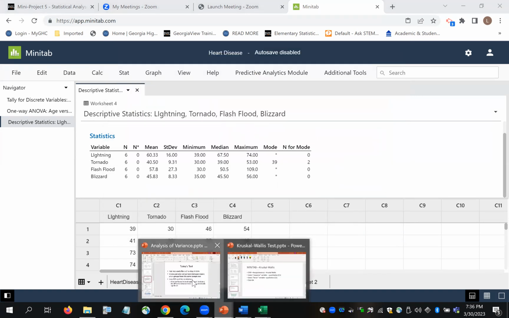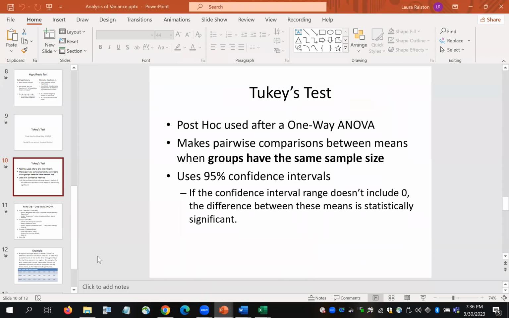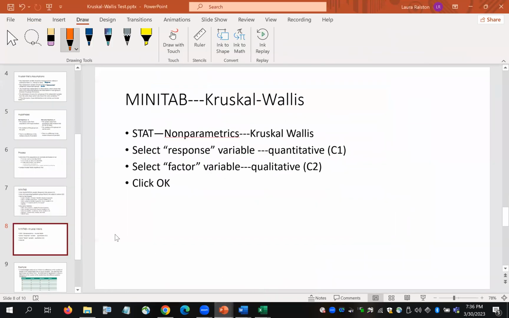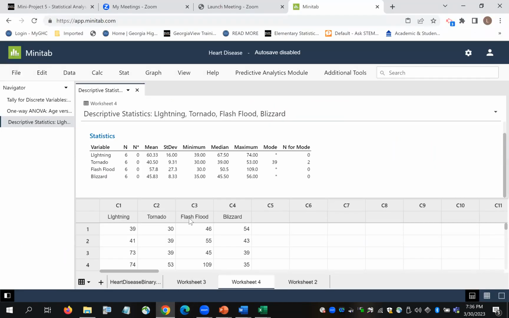Let me go back over to the slide because I can't remember how to do it. Okay, box plot, multiple Y's displayed separately. Okay, I didn't set it up correctly to do the graphs. So the best way is going to be to look at your mean and your median, but they're obviously not close to the same thing for at least 2 of the variables.